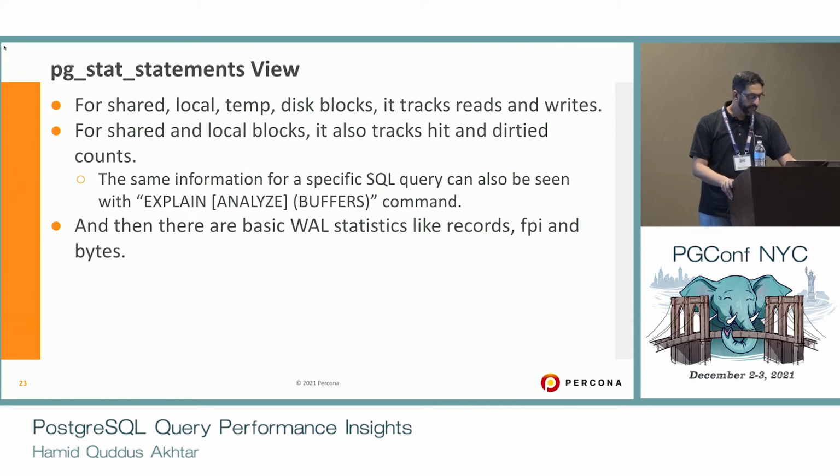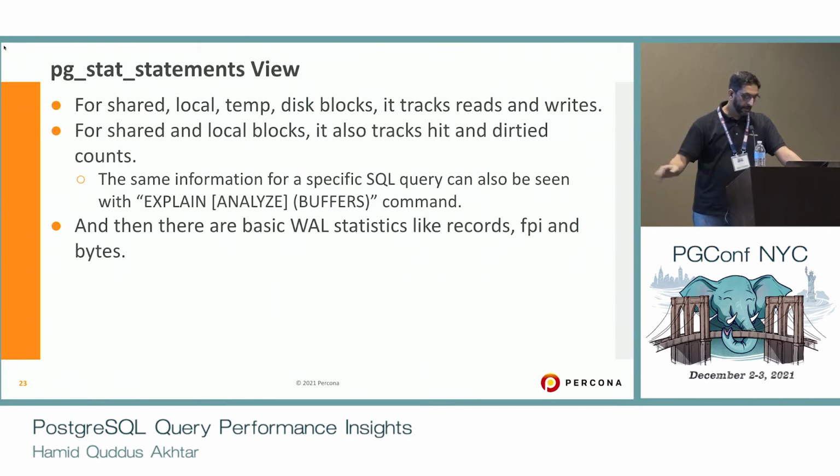So it tracks that, which is useful. And what it also tracks is how many times you've hit those. So whether they've been accessed from cache, or how many times those blocks have been dirtied, and how many times those blocks have been written. You can get pretty similar information from explain analyze buffers, which will tell you about the number of times those blocks were hit.